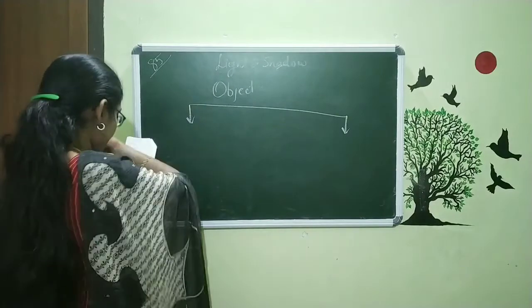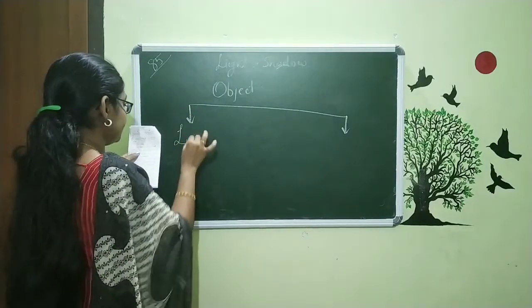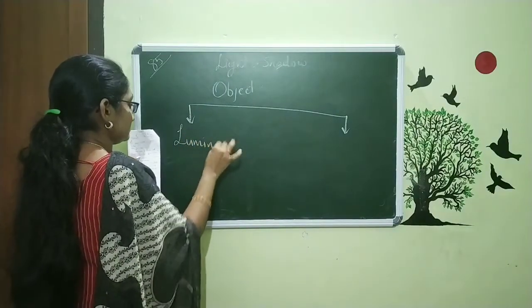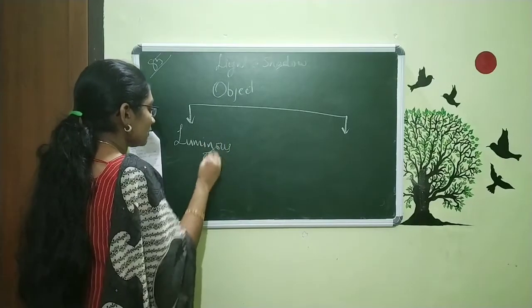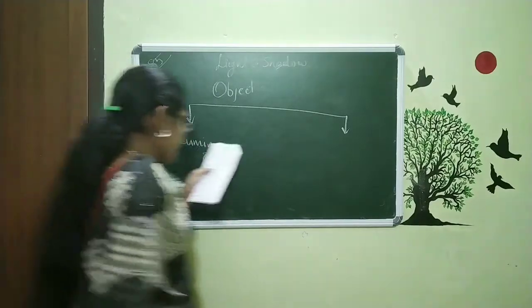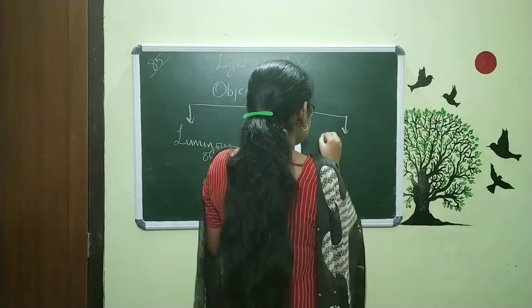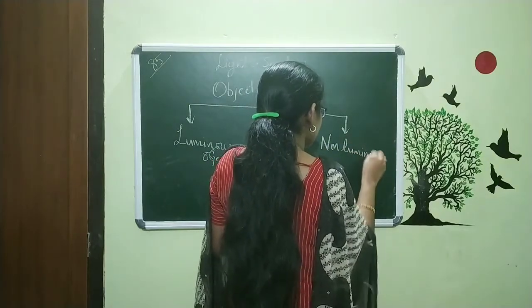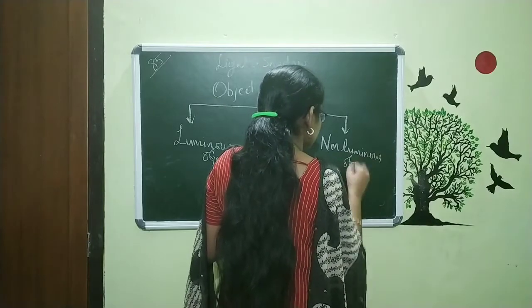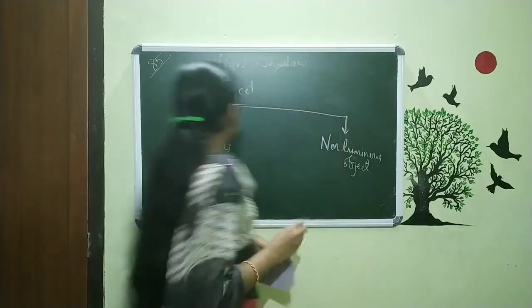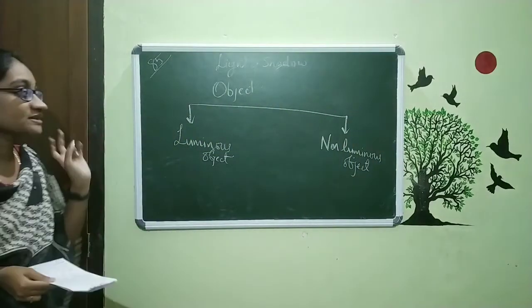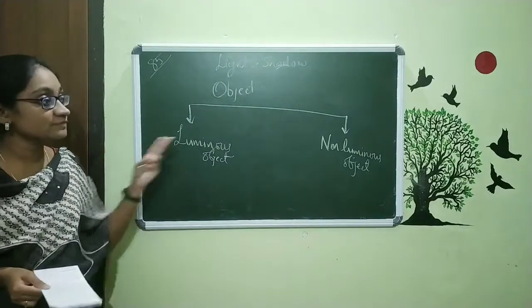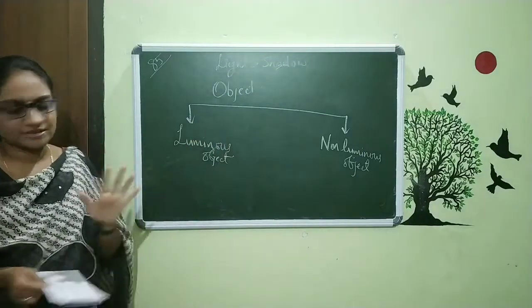One is luminous object, and the other one is non-luminous object. So it is very simple. The objects are of two types, luminous object and non-luminous object.